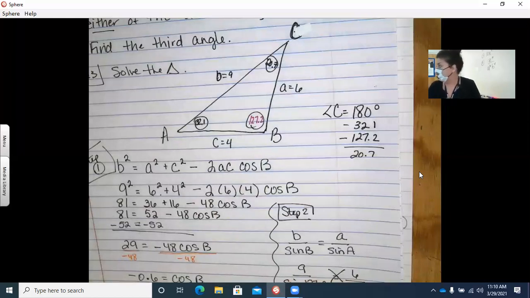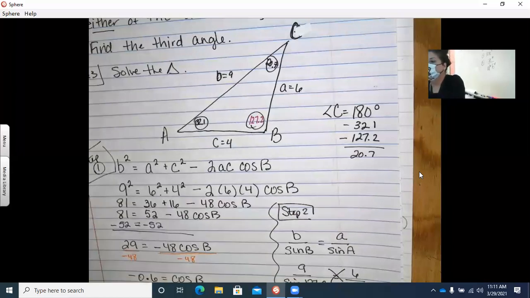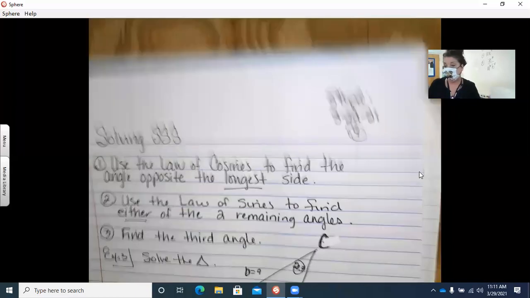So the last one's a side, side, side. I'm going to draw the triangle for you, and then I want you to solve it on your own, the whole thing, and then we'll check back. It's just like this one. Okay, everybody good? All right. And then we'll be done for the day. Tomorrow we'll have an assignment.